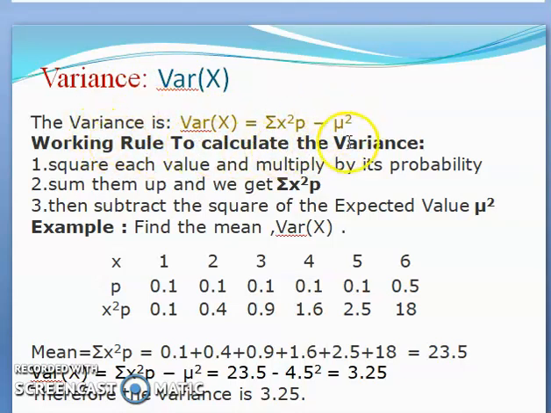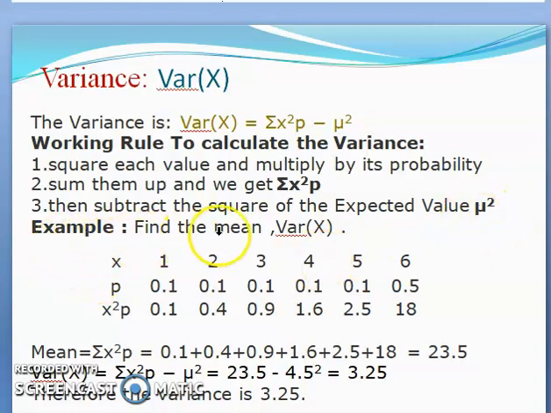Working rule to calculate the variance: first we square each value and multiply by its probability, then sum the values, that is sigma of x squared times p, and then we subtract mu squared. Mu means the expected value, that is the mean.